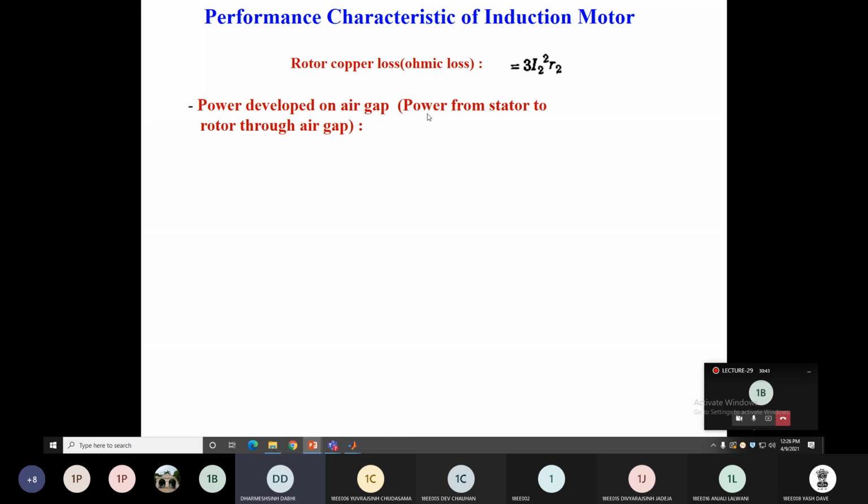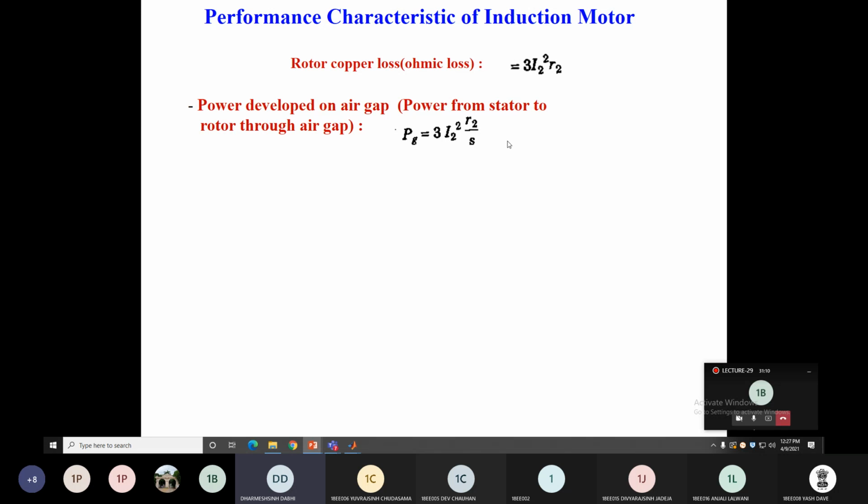Now, how much power is developed in the air gap? Power from stator to rotor through the air gap is 3 I2 squared R2 divided by S. That is the power transferred from stator to rotor through the air gap, so this is the air gap power. Now the rotor copper loss is 3 I2 squared into R2.